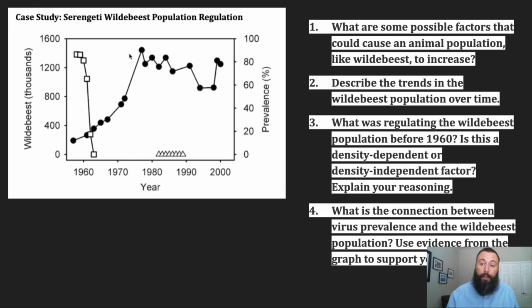I know that because between 1960 and 1963, the prevalence of rinderpest decreased from 90 degrees to 0 degrees. And by degrees, I mean percents, 90% to 0%. Whereas between 1960 and 1980 or so, the wildebeest population increased from 200,000 to over 1.2 million individuals.